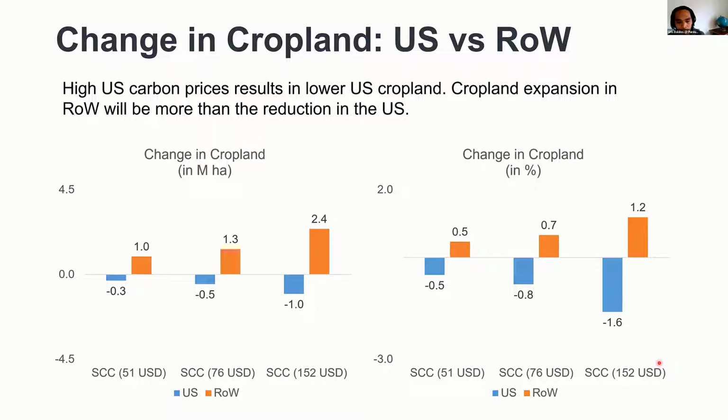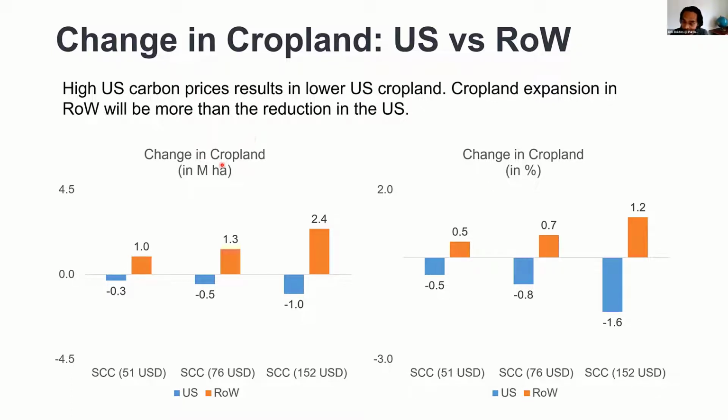implemented. But what's interesting to see here is if we look at the absolute changes, we see that across all of these scenarios, the increase in the rest of the world is actually much larger than the reduction in the US. So if you're thinking of a net effect of this policy in terms of global land use change, it could actually encourage land use change to increase, at least at the global level.